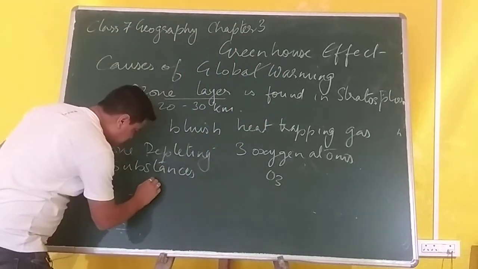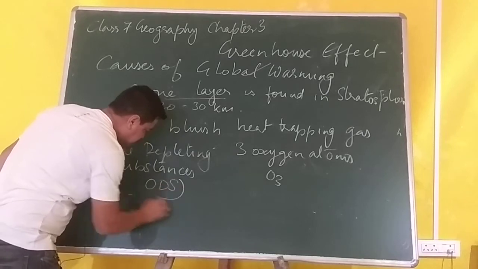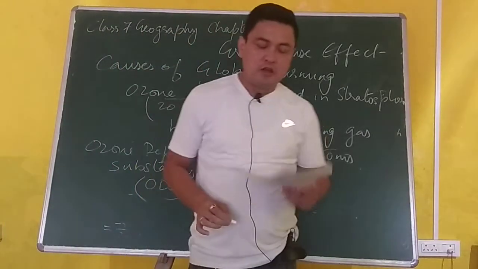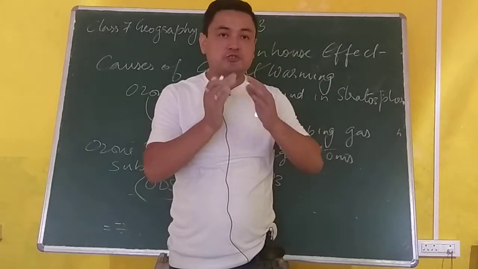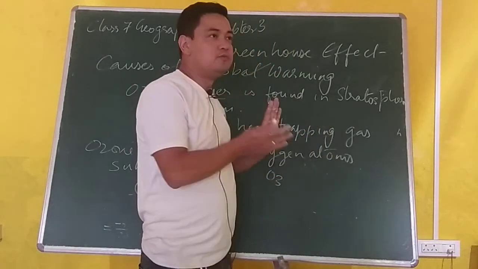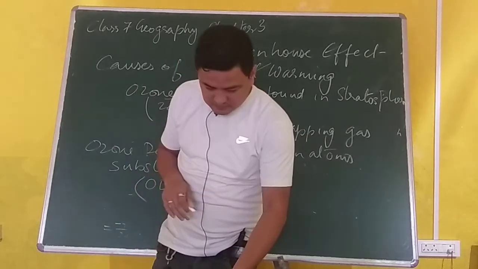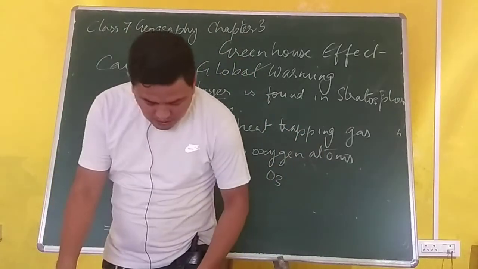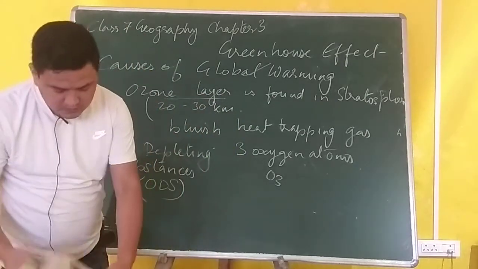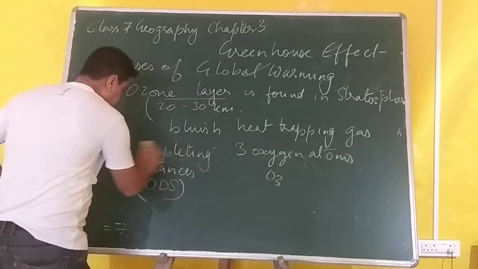These ozone depleting substances are also called ODS. They basically destroy the beneficial ozone layer. Okay. Now I am going to write some things on the blackboard.